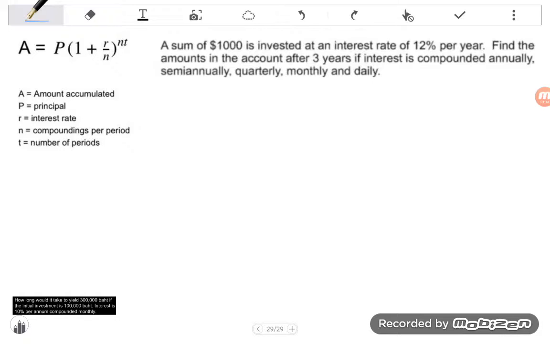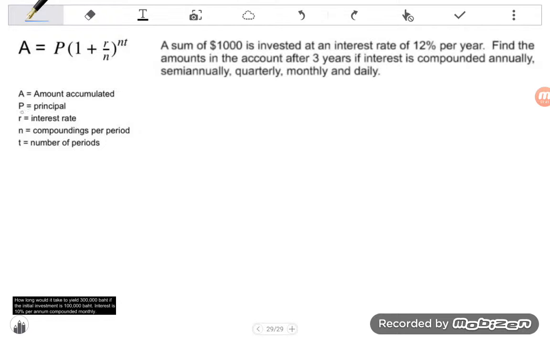I have my A. My A represents the amount accumulated, which means how much I am going to have after a certain period. For example, if I save money in the bank and every month I get some interest, and I save the money there for 5 years, then the money I have after 5 years is my amount accumulated.